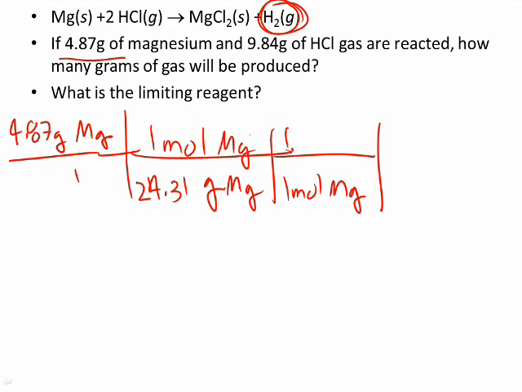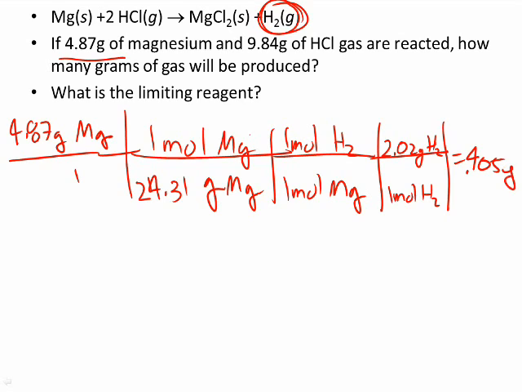We want to know hydrogen, so that's 1 mole of hydrogen. Then we want to know the grams. So in 1 mole of hydrogen, we have 2.02 grams of hydrogen. That's 0.405 grams of hydrogen produced.